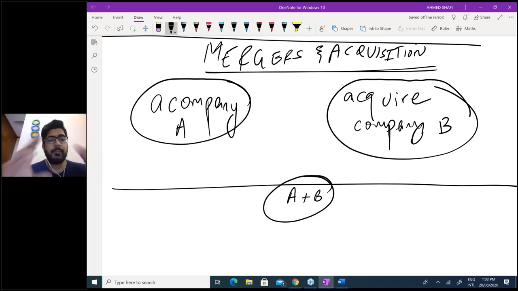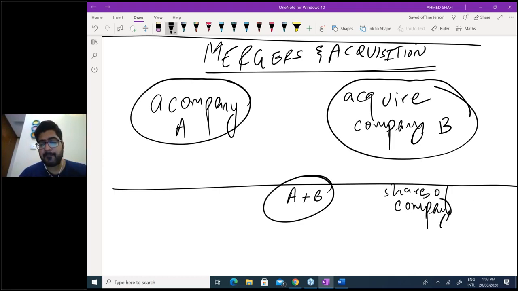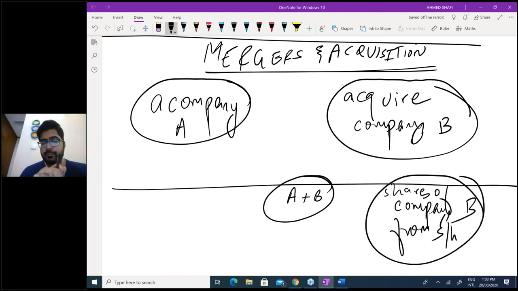Remember, company A would not acquire assets of company B. It would not acquire liabilities of company B. It would just acquire shares of company B from shareholders. Correct? It would just acquire shares, equity. Because once you get the shares, all assets and liabilities are yours. Remember? Assets.